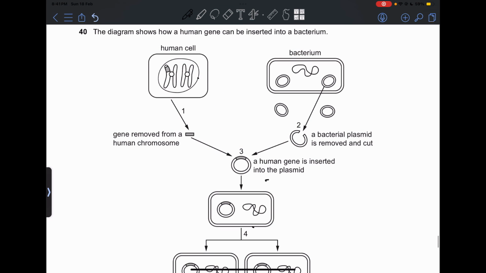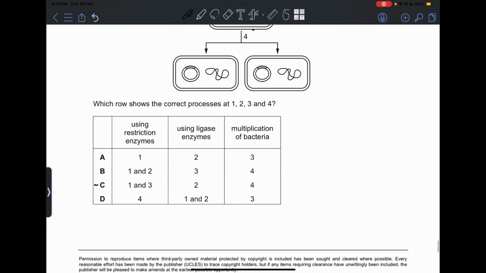So we know that in number 1 and 2, it is cut, the bacterium plasmid and the gene removed from the human DNA is cut using a restriction enzyme, and it has to be the same restriction enzyme that is used in the human cell and also in the bacterium cell. So for now, the answer is going to be B, which is number 1 and 2.